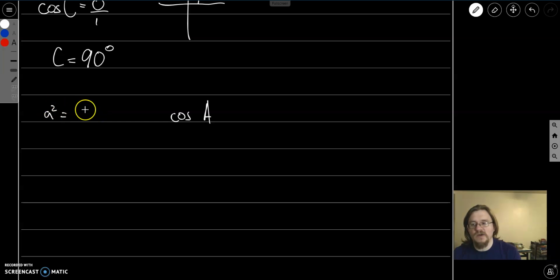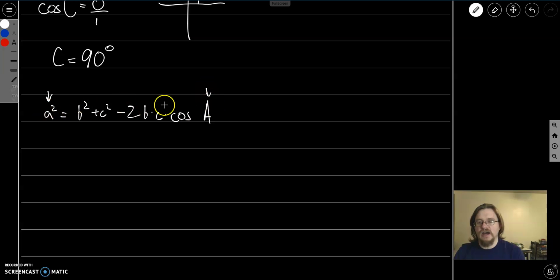So I'm going to have A squared. It's going to be B squared plus C squared minus 2BC cosine A. Again, the angle and the side opposite are the special ones over here. All of the other sides are going to be the other ones. So B and C, we'll just fill in everything there.